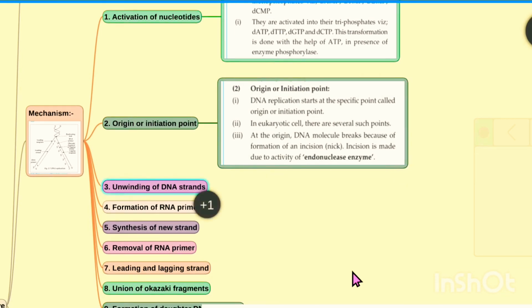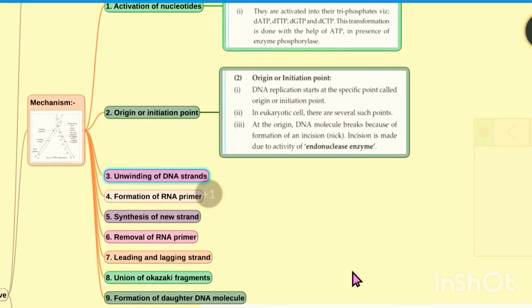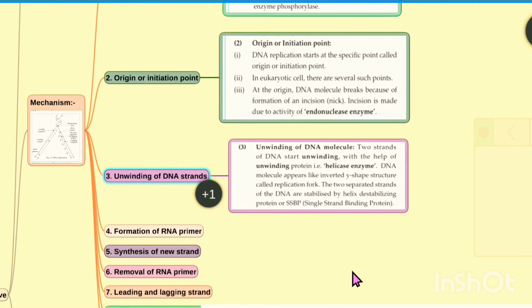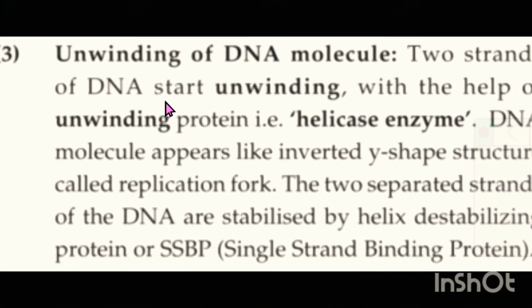The third step is unwinding of the DNA strands. The two strands of the DNA molecule start unwinding with the help of unwinding protein, that is helicase enzyme. DNA molecule appears like inverted Y-shaped structure, the replication fork.